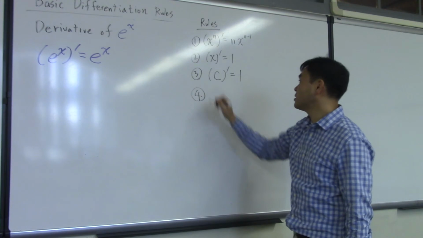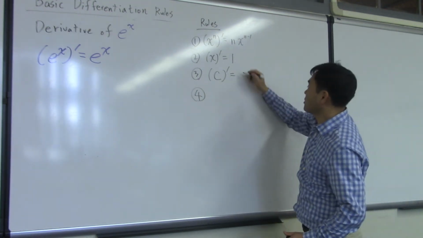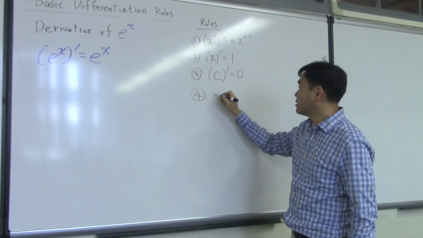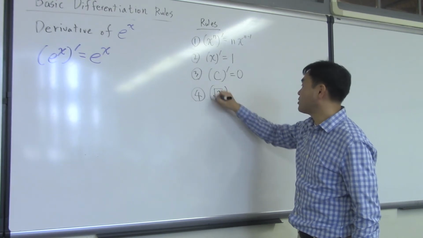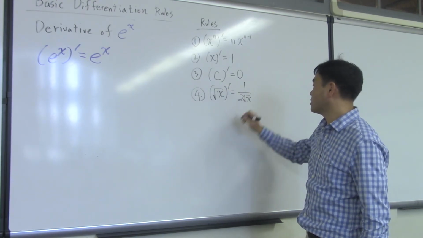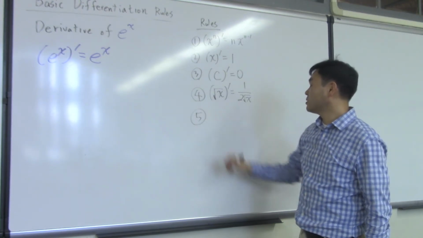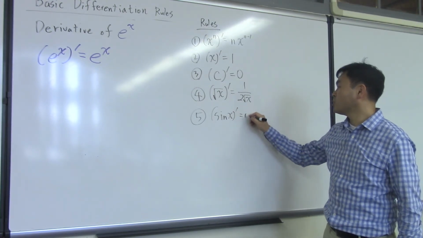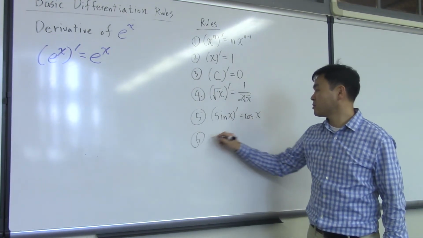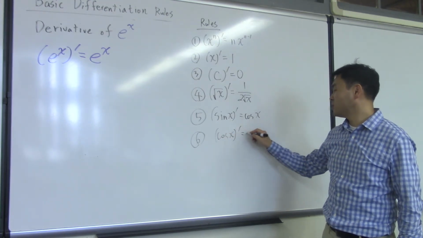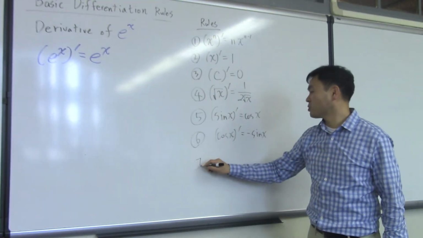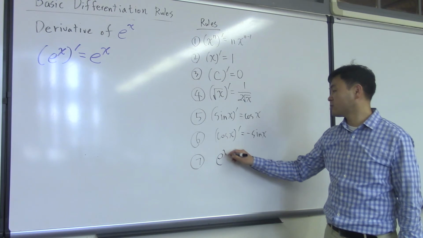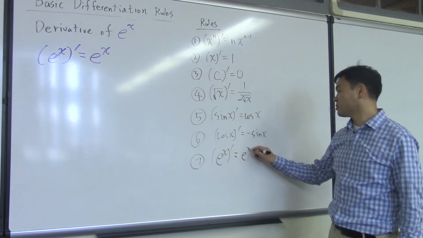Number 4, square root of x differentiates to 1 over 2 radical x. Number 5, sine x differentiates to cosine x. Number 6, cosine x differentiates to negative sine x. Number 7, e to the x differentiates to e to the x.